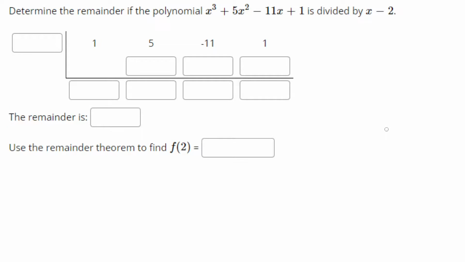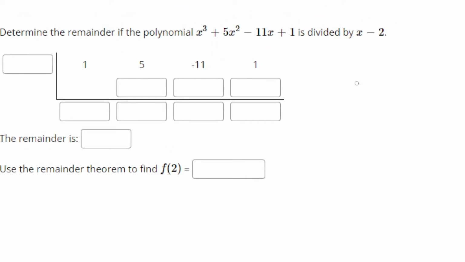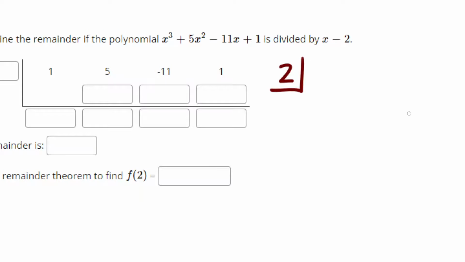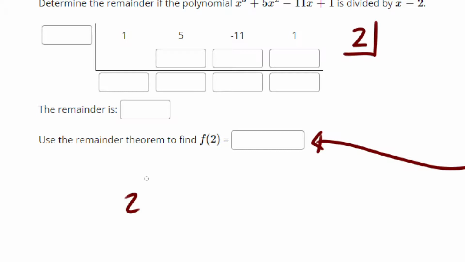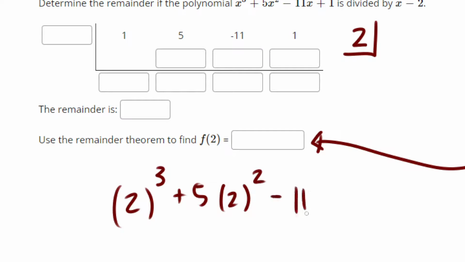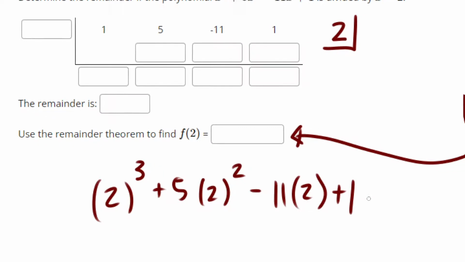But basically, the remainder theorem says if you use synthetic division with whatever value it's asking you to find, in this case 2, then whatever your remainder is, in that little cubby, in that box, is going to be the actual answer. It would be the same as if you plugged 2 into all of your x's: 2 cubed, plus 5 times 2 squared, minus 11 times 2, plus 1.